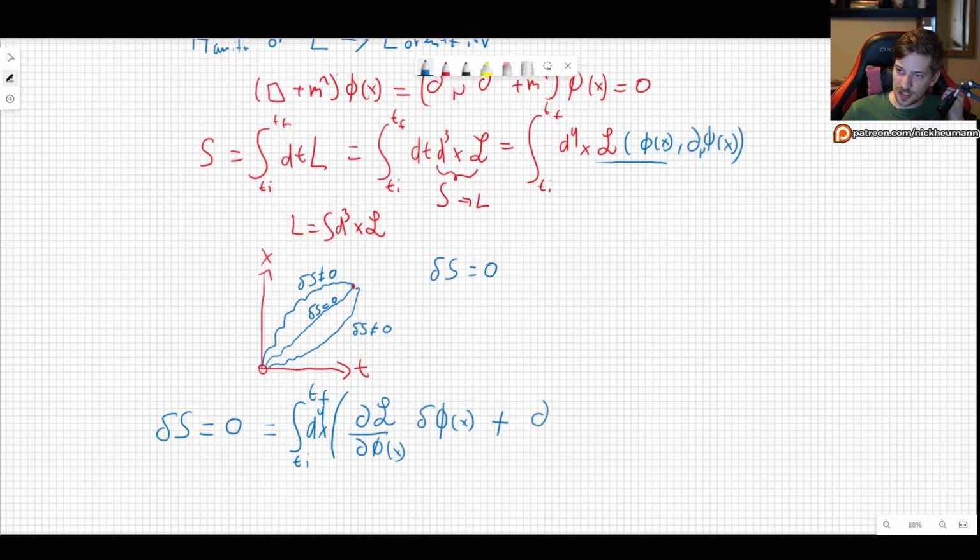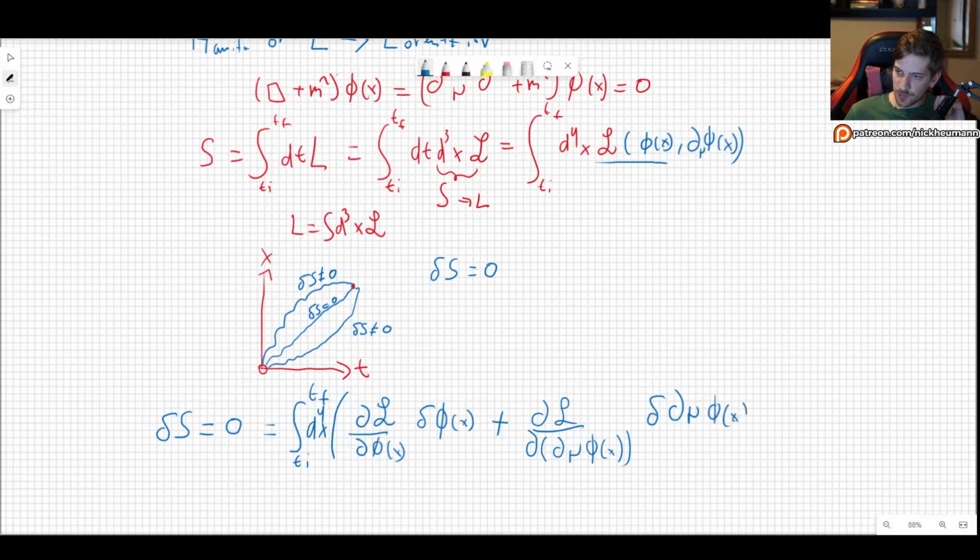So we can do dL and then the derivative with respect to d mu phi, and this notation can be very confusing. This is a derivative with respect to the derivative, okay? And you will see it in action in a little bit. And this would be now a variation of d mu phi.